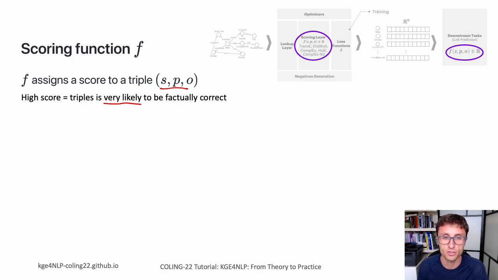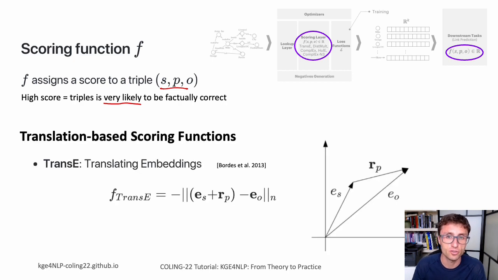So this is the rationale behind a scoring function. High score means the triple is factually correct. Most of the conventional knowledge graph embedding models differ, and I'm oversimplifying here, in the kind of scoring function, the scoring layer that they adopt.